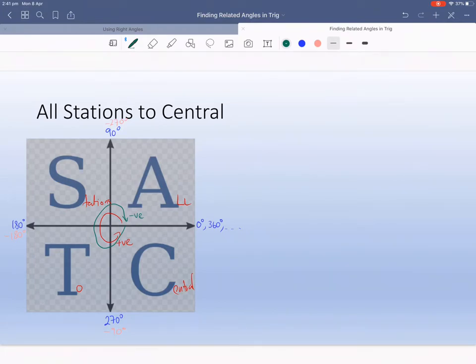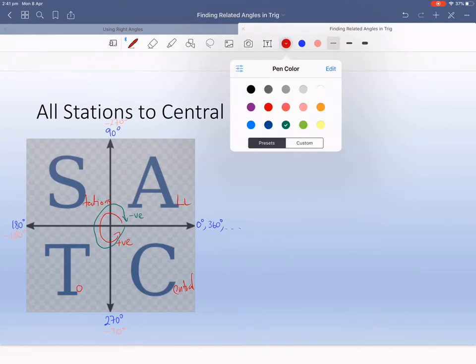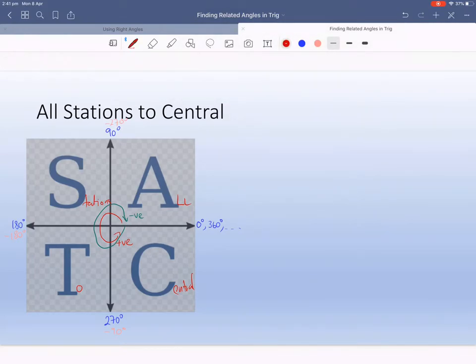So what does this mean, okay? So this means that for all trig functions are positive here. So I'm talking about this bit here, from 0 to 90 degrees, okay? So all trig functions are positive, all right?